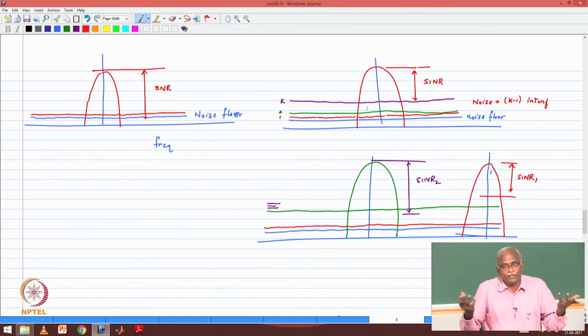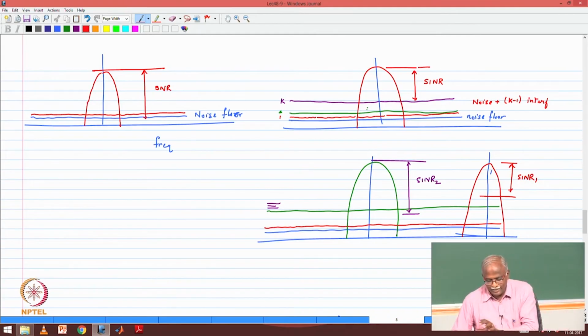User 2 is quite happy because he does not see any problem. He is just detecting a signal. But the scenario is that SINR 1 for all the other users other than user 2 are getting affected. So, keep in mind that this is our starting point to understand the complexities of a CDMA system.